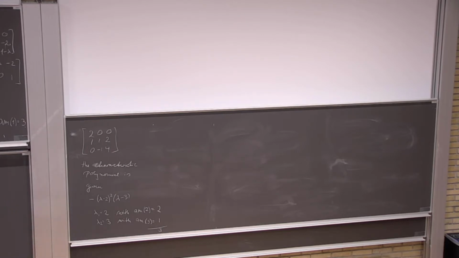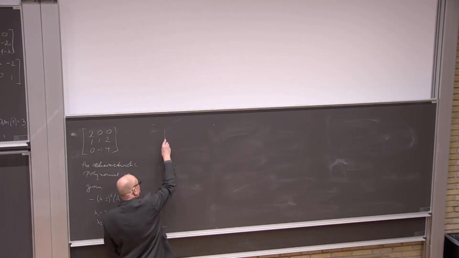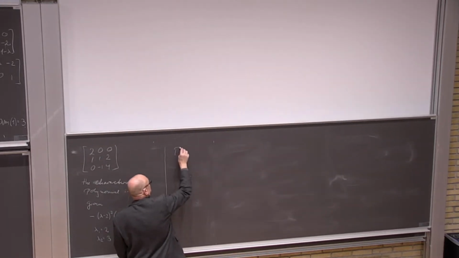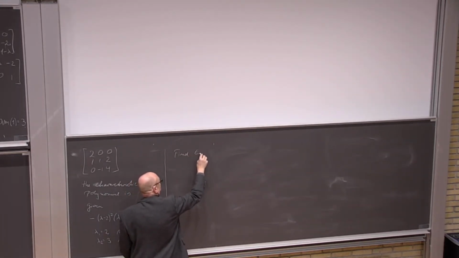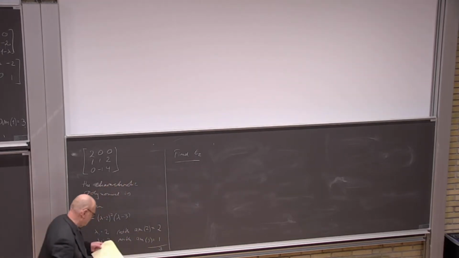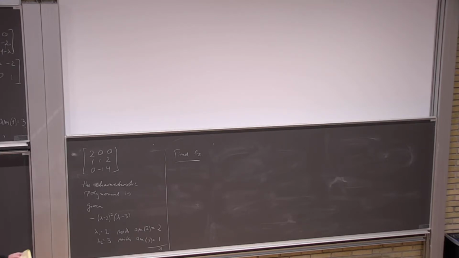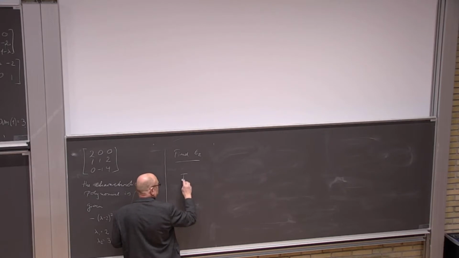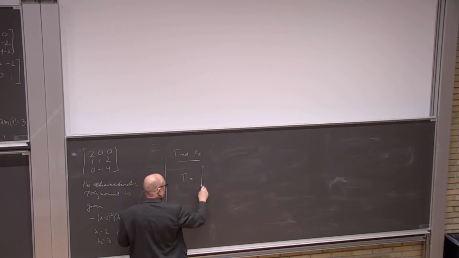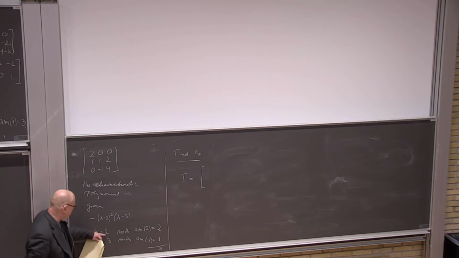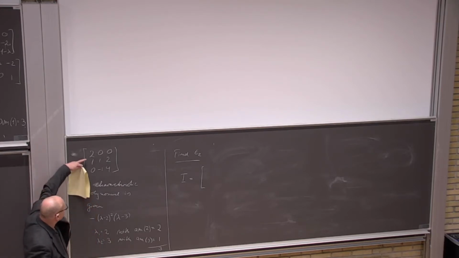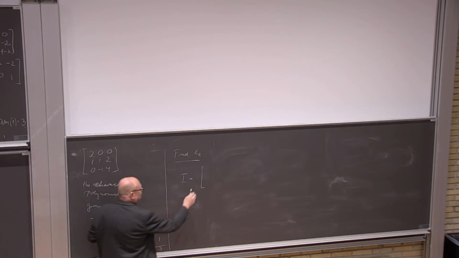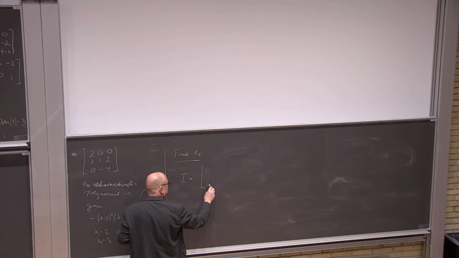Now, let's try to find the eigenspace corresponding to the eigenvalue 2. So the problem is to find this eigenspace. Again, I can immediately write down the augmented matrix. I have to subtract the eigenvalue 2 from this matrix. For the first column I get 0, 1, 0.